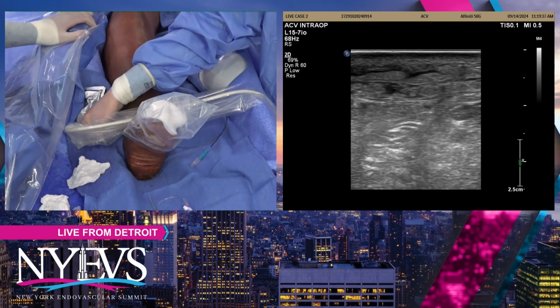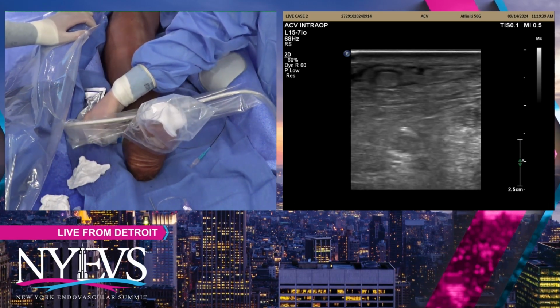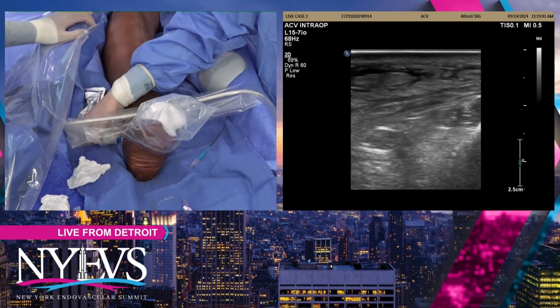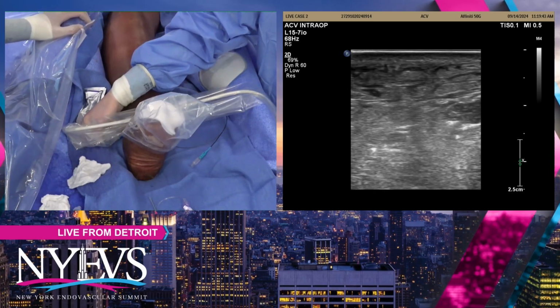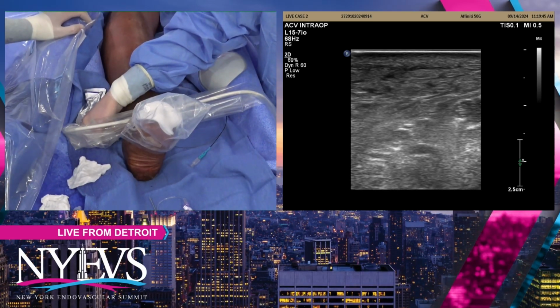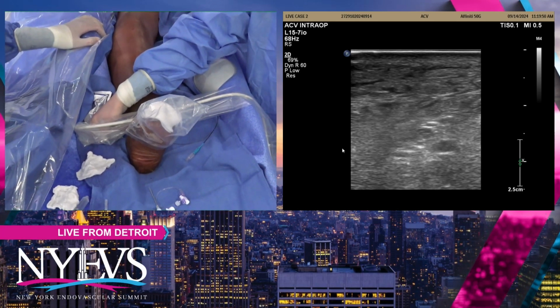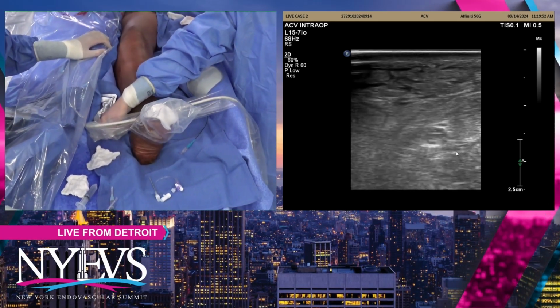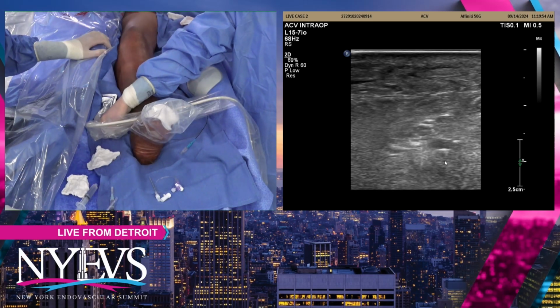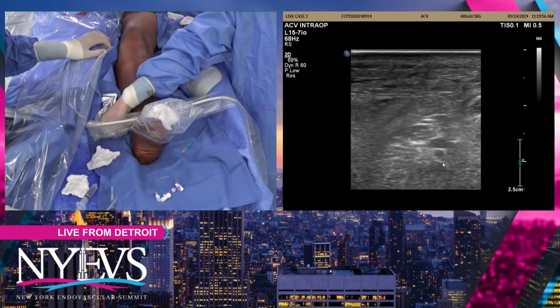Any thoughts? She's going back and forth, this is for our fellows in the audience who are watching. It's a unique situation here. And where the arrow is a vein.